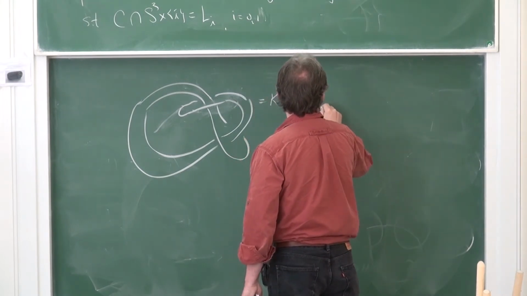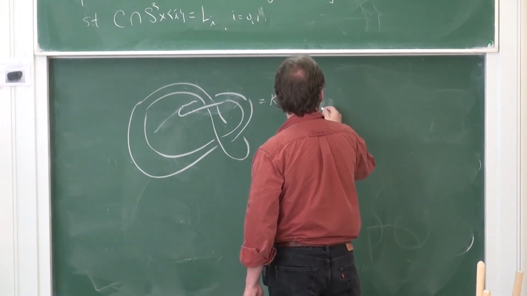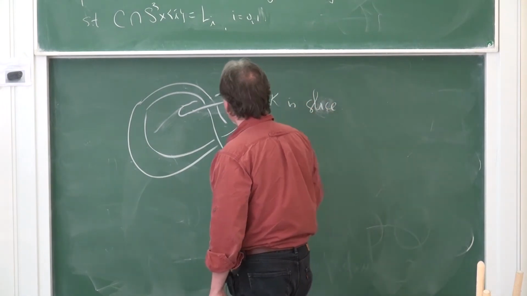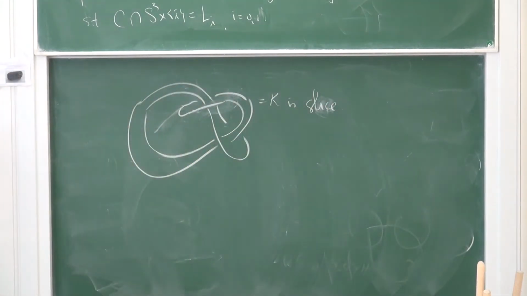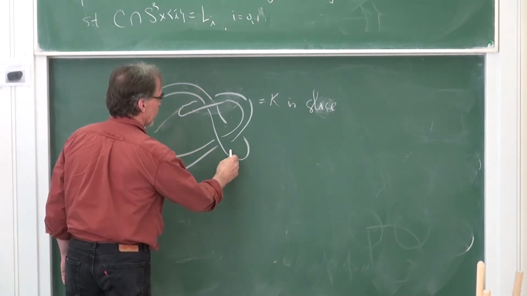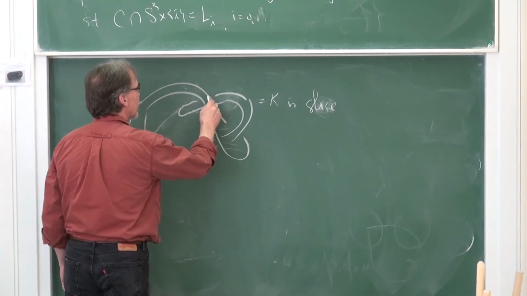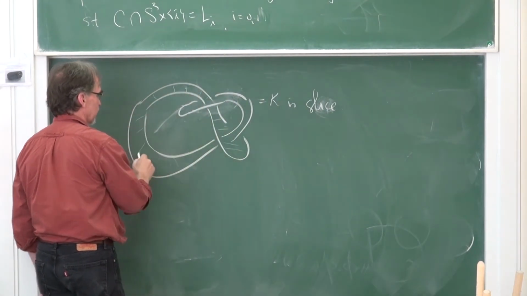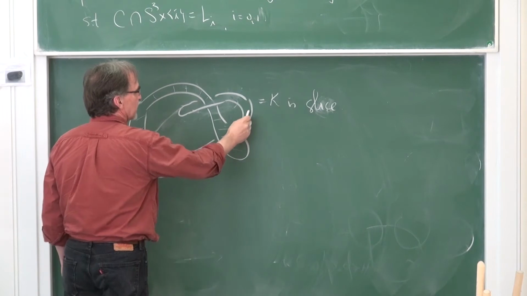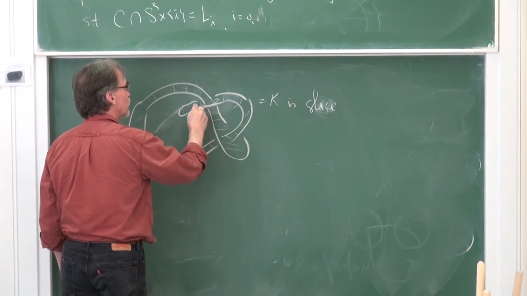And it's not too hard to show that this is slice. I talked about why that was true at the colloquium, but I can show it to you quickly. You choose a disk here. There's an obvious disk sitting around in here. But it intersects itself. So what you do is you cut holes in that disk.